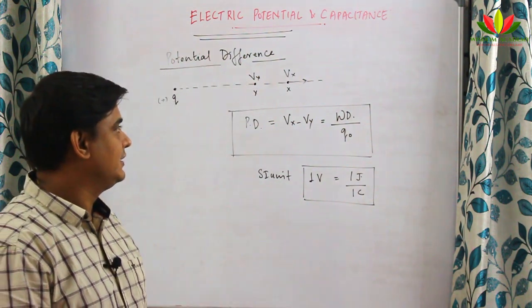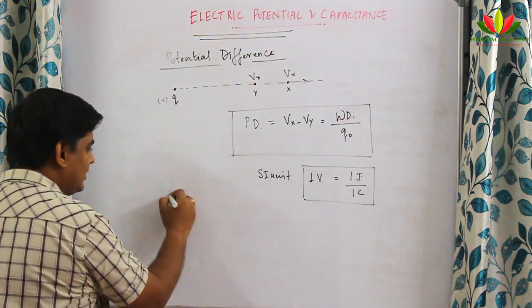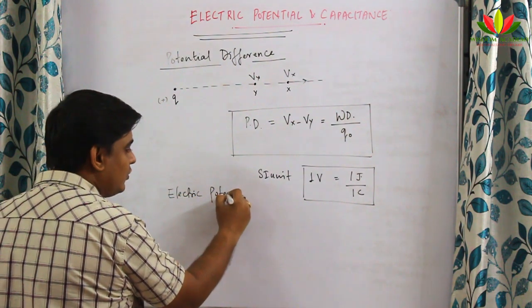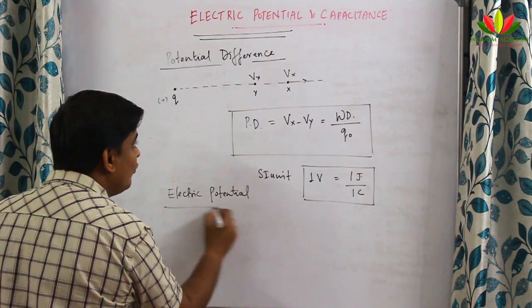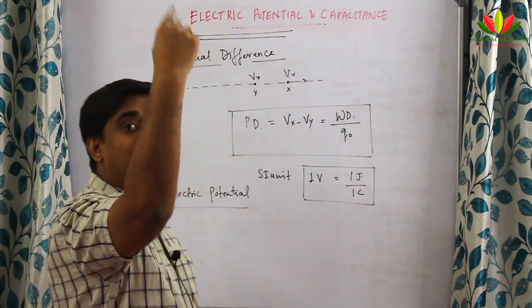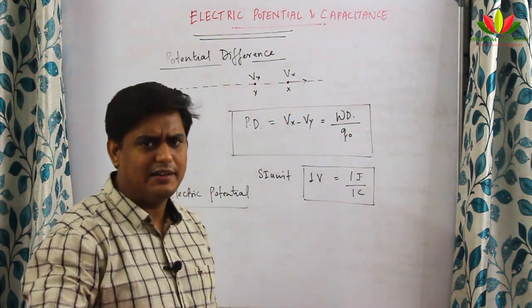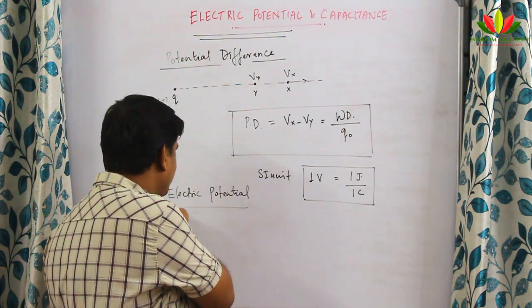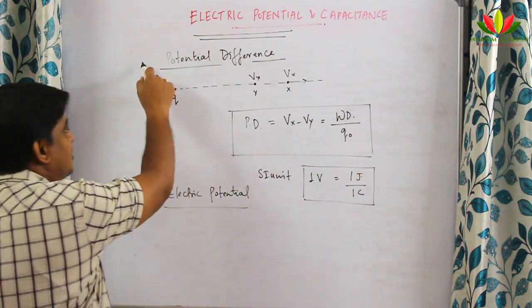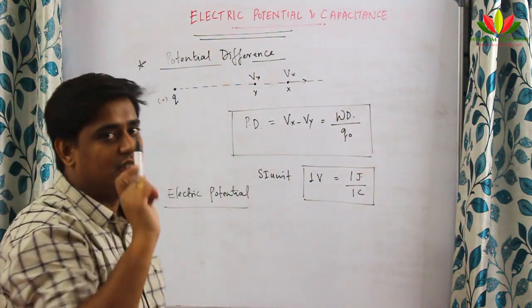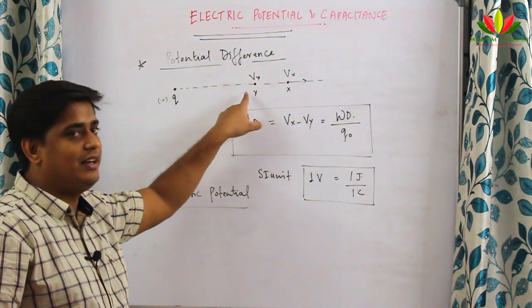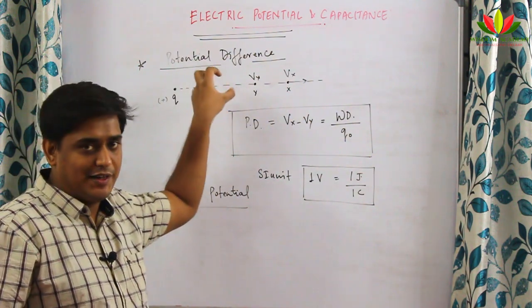That is potential difference. Then what is electric potential? Electric potential is the amount of work done in moving this charge from infinity to that point. I will tell in detail about that in some time. I will repeat once again. You wrote that potential difference is the amount of work done in moving a charge from one point to another point in the influence of an electric field.